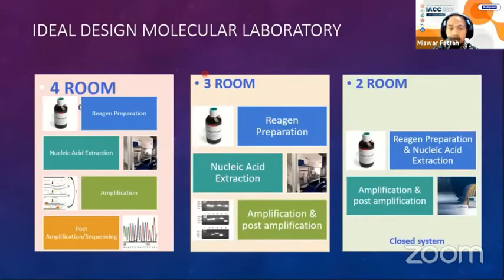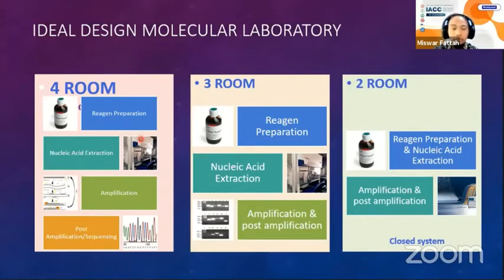And the design of the laboratory is very important too. We have to decide how to design the laboratory, with 4 rooms, 3 rooms, or 2 rooms, depending on whether we have a closed system or open instruments. It is better to have 4 rooms, especially if our lab is not only for SARS-CoV-2 but also for other tests.